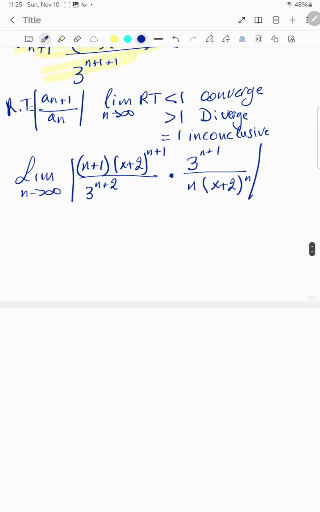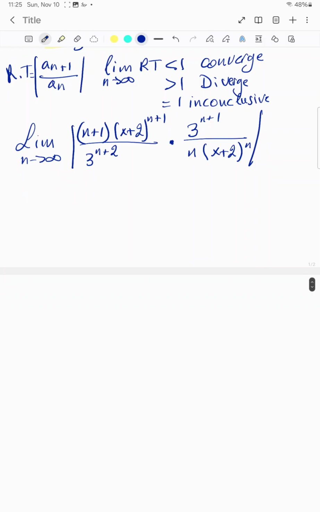So let me rewrite that limit in a way that I can simplify it more easily. I see here I have (x plus 2) to the power n, and here (x plus 2) to the power n plus 1, and here I have 3 to the power n plus 1, and I have 3 to the power n plus 2. Let's try to play with it.